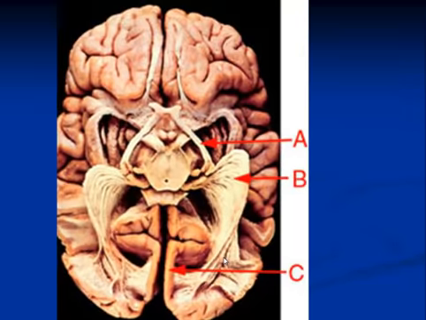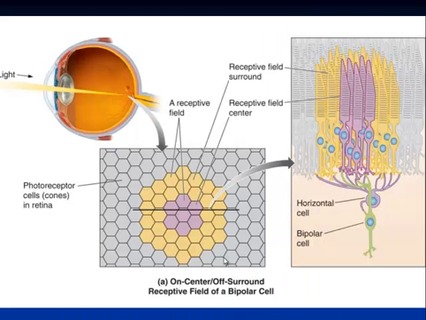Now, one thing that I'd like you to have just a basic understanding of is the fact that we have these kind of fields. The retina and the LGN and the primary visual cortex really deal with fields that are kind of off and on fields. In the retina, these fields are circular.